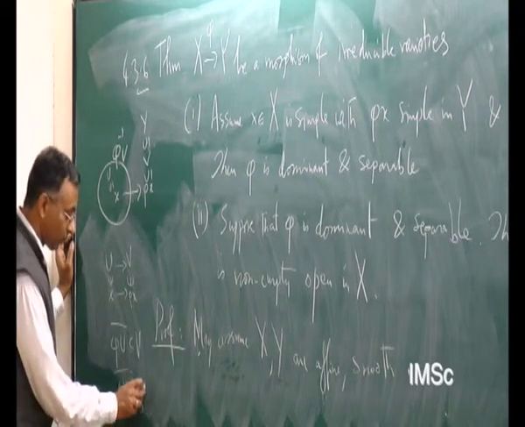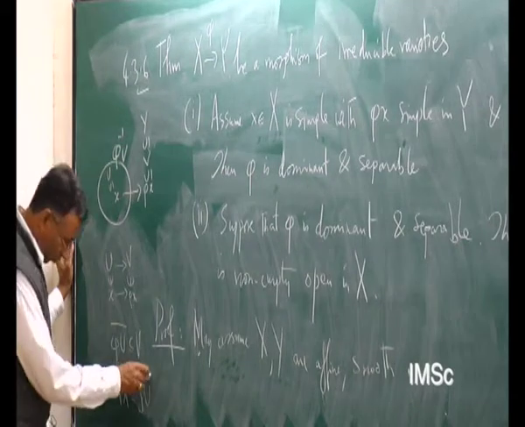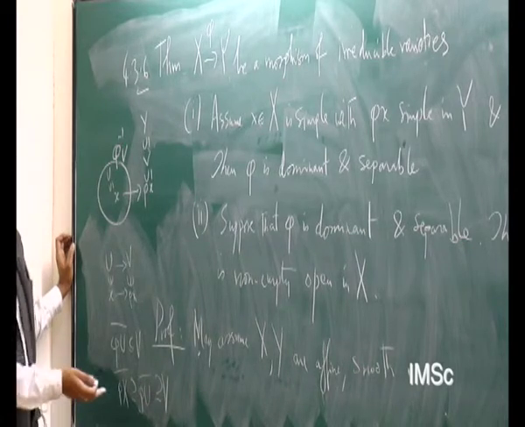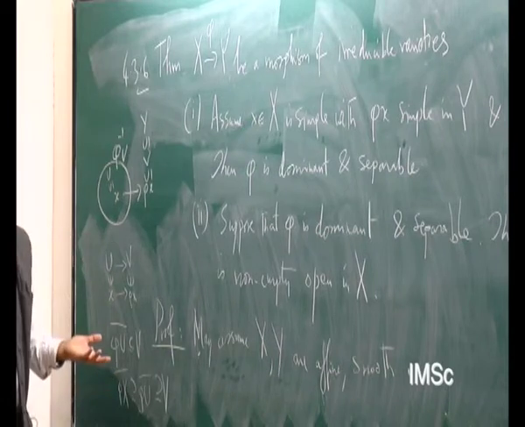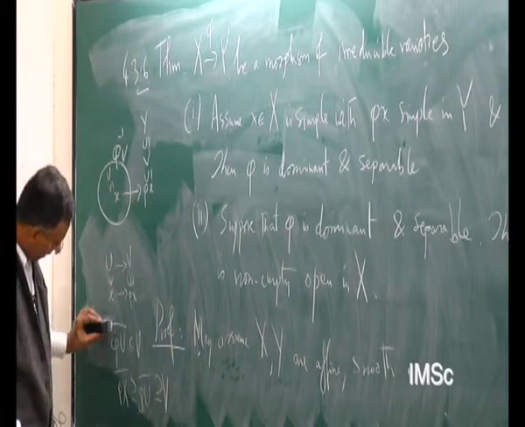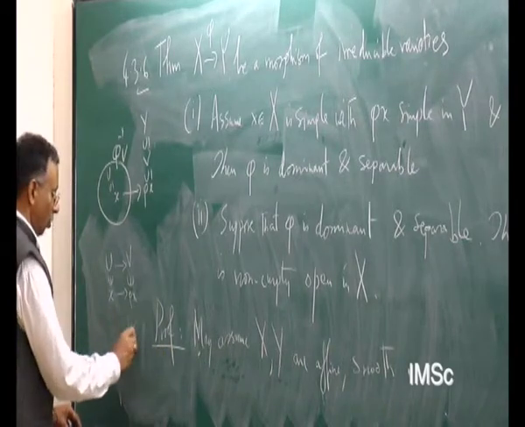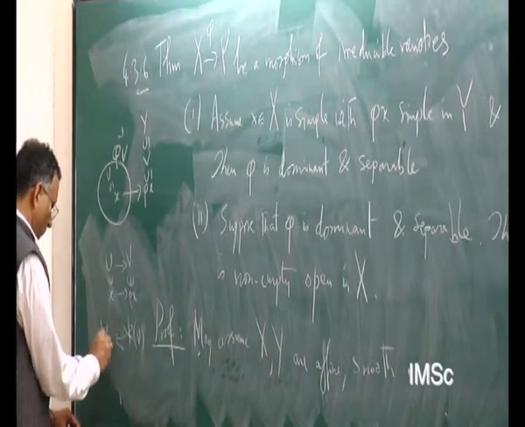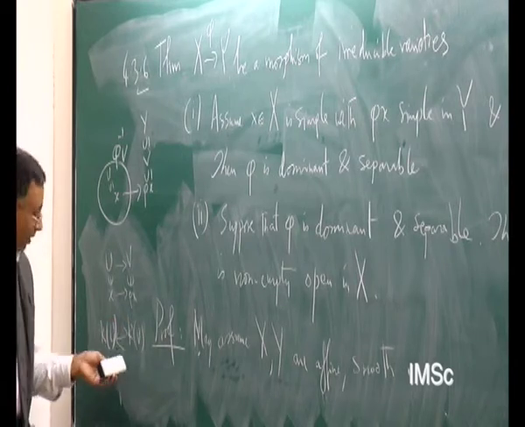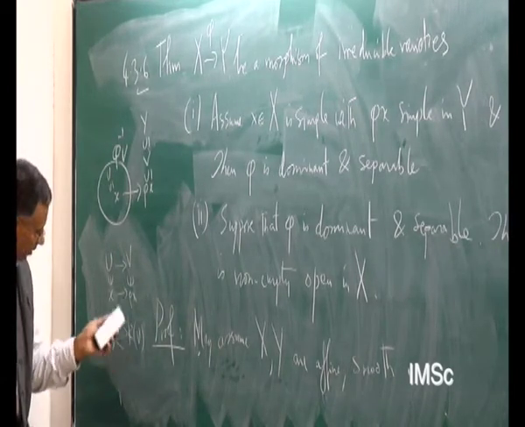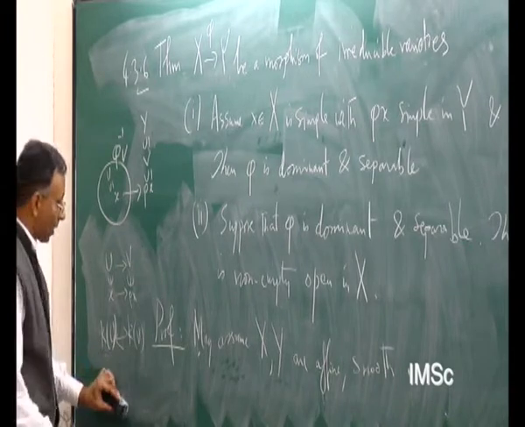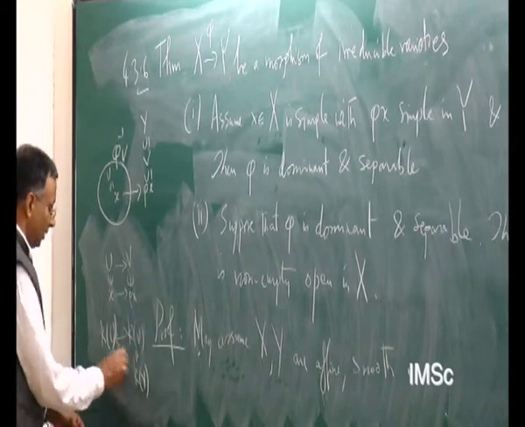This contains phi of U, and its closure contains V, but V is dense in Y. Therefore the closure of phi of X is equal to Y. So it's dominant, and this is separable, meaning K(V) is an injection into K(U), and furthermore this is a separable extension. But then this is equal to K(Y), and this is equal to K(X).